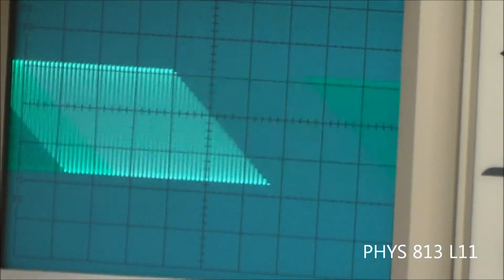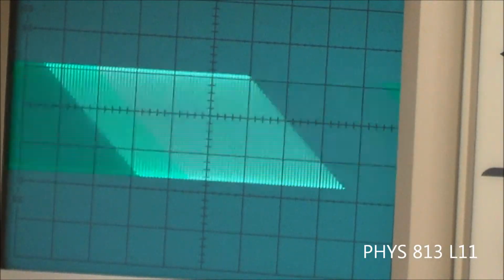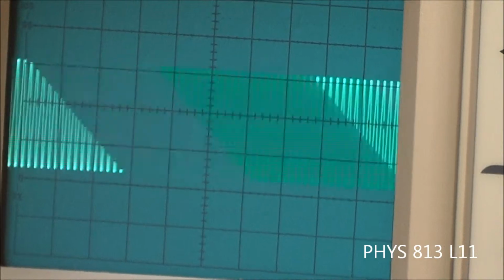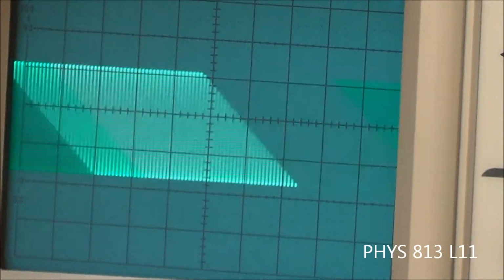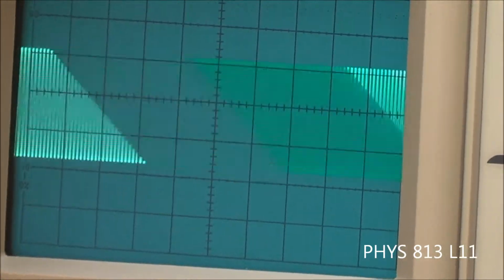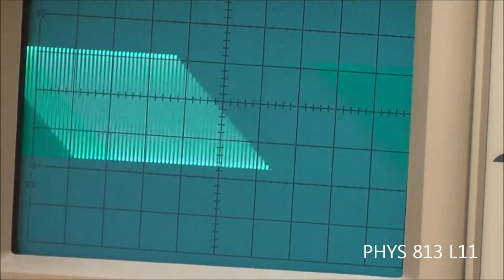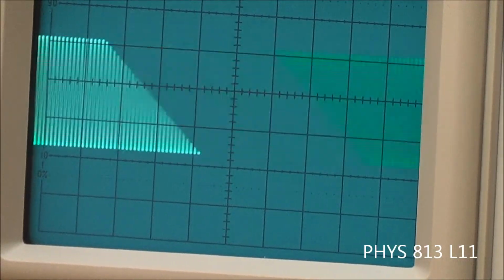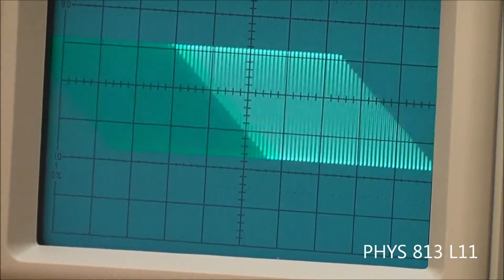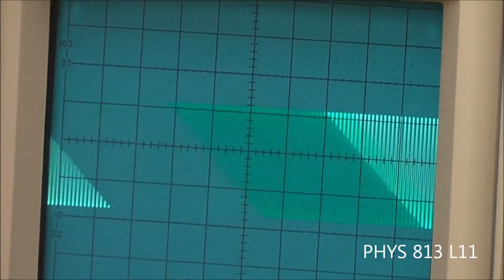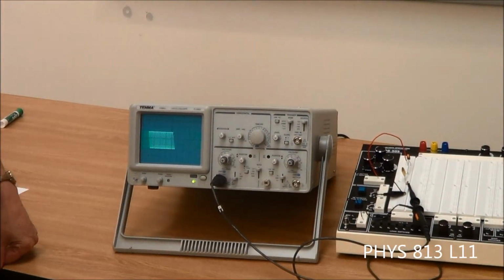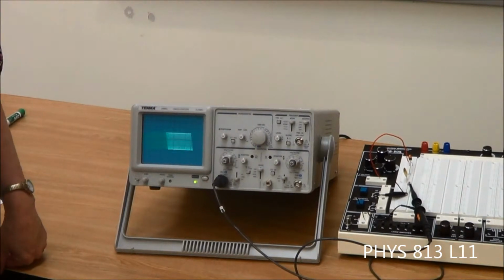So somewhere in between there, and if you do this fast through here, it's a little more obvious. So somewhere in between there is about where the maximum height is. And that's the one measurement that you want, is the frequency at which this amplitude is the highest.